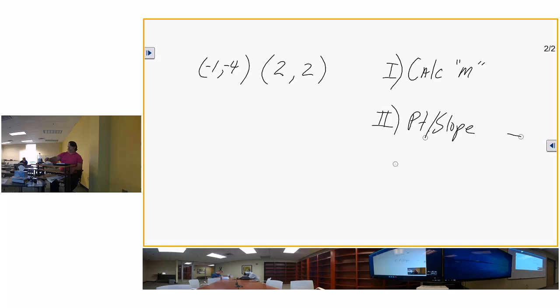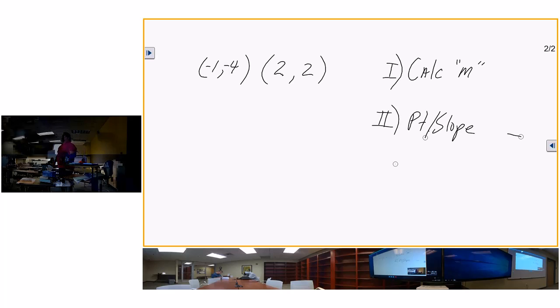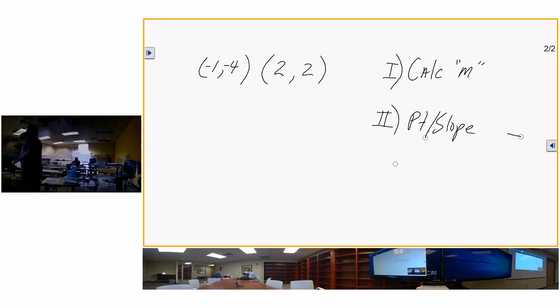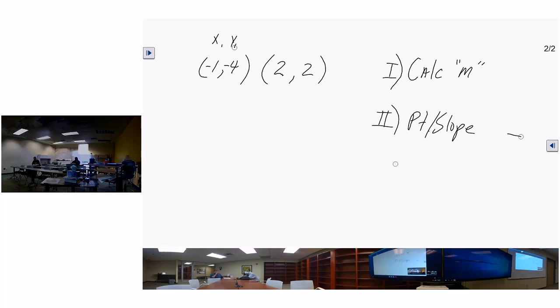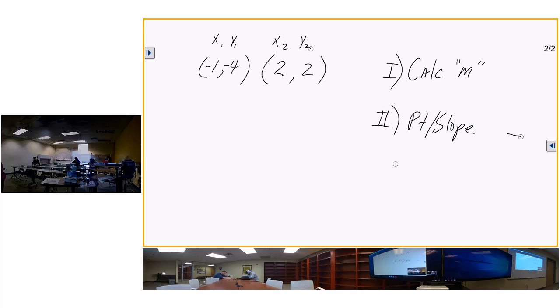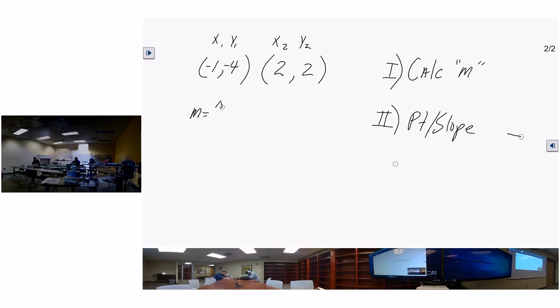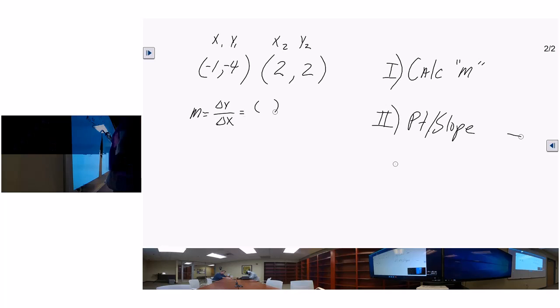So what am I going to do? First thing I'm going to do is label my points. Which way do we read? So this is x sub 1, y sub 1. This is x sub 2, y sub 2. M is equal to delta y over delta x, which is equal to y sub 2 minus y sub 1 over x sub 2 minus x sub 1.